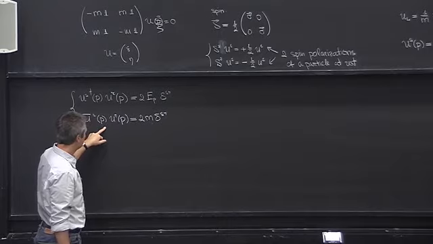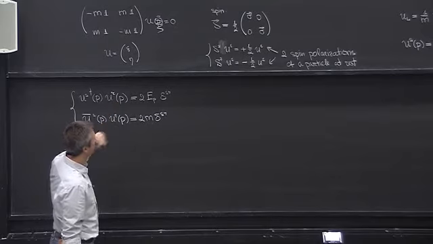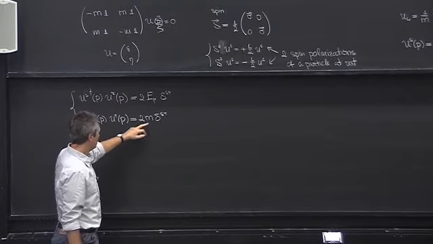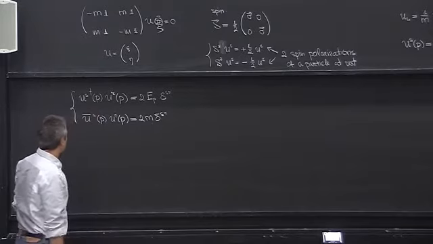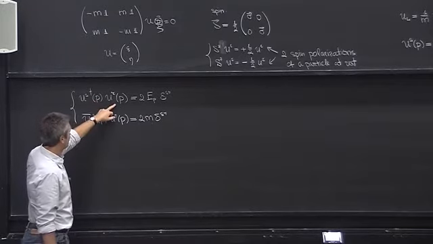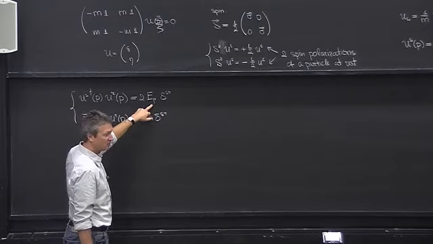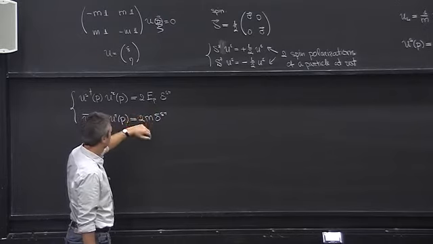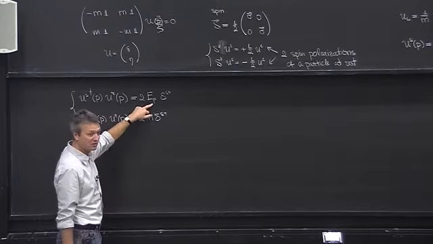It is the same in all reference frames. So we can compute it for this simple solution in the rest frame, and then we know that on the right-hand side we should have 2m. The same is true here. On the right-hand side, we should have the zeroth component of some 4-vector that in the rest frame reduces to m, and this is the particle's energy.